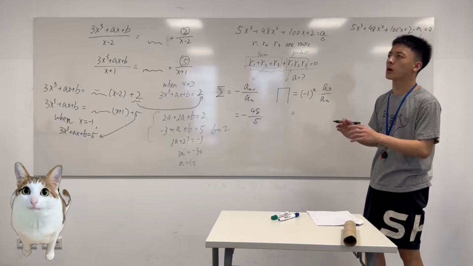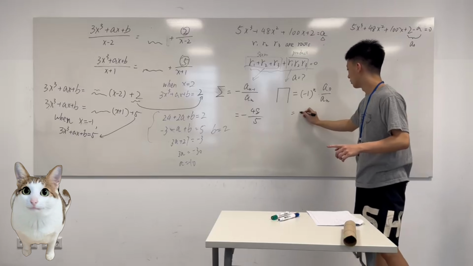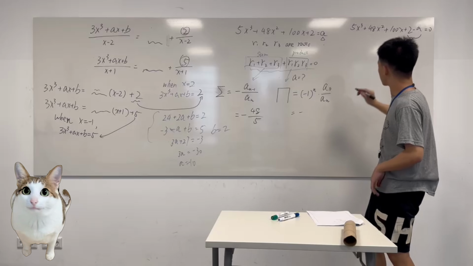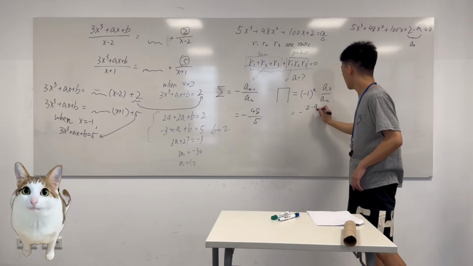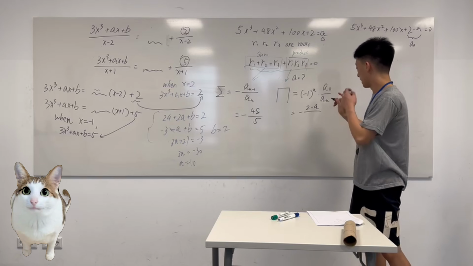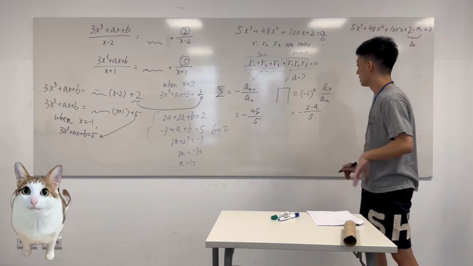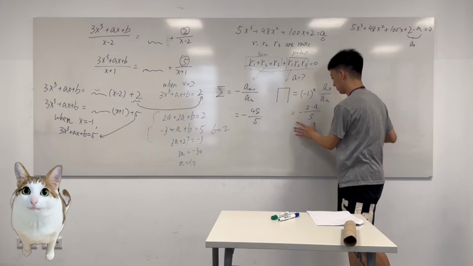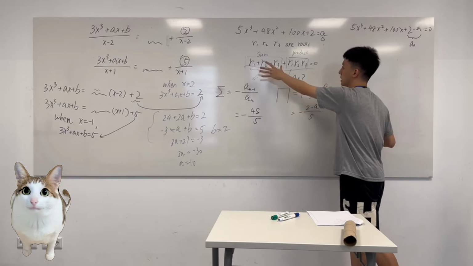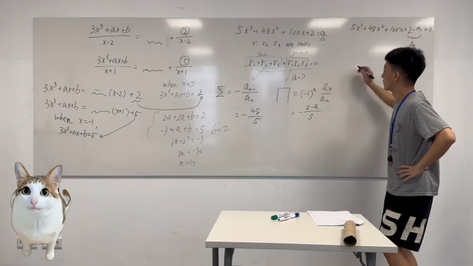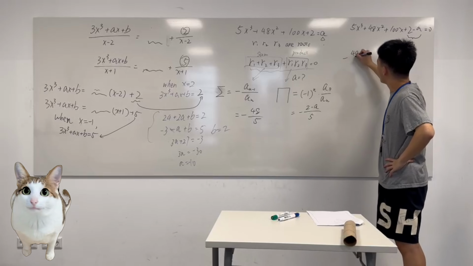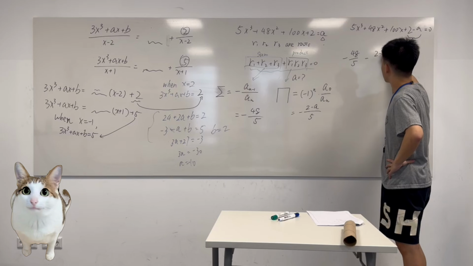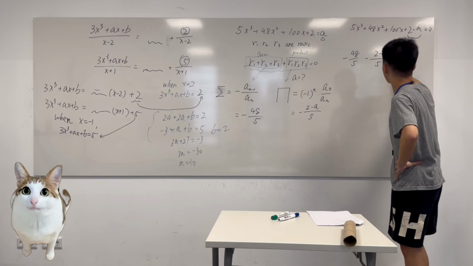So negative 1 to the power of 3 is negative 1. So let's continue. a0 is 2 minus a, over the an, 5. Let's put in everything and use those to replace the sum and product. So we know that negative 48 over 5 minus (2 minus a) over 5 is equal to 0.